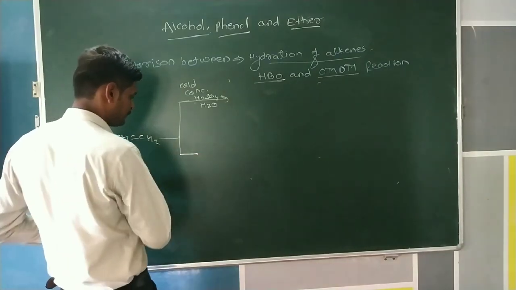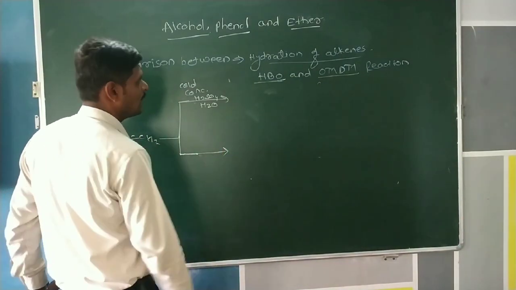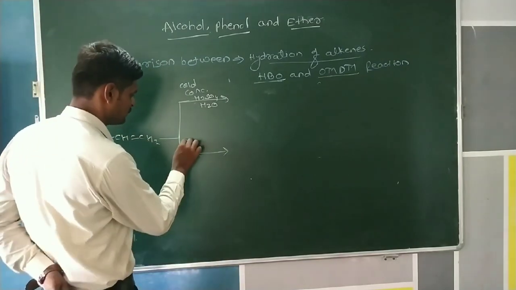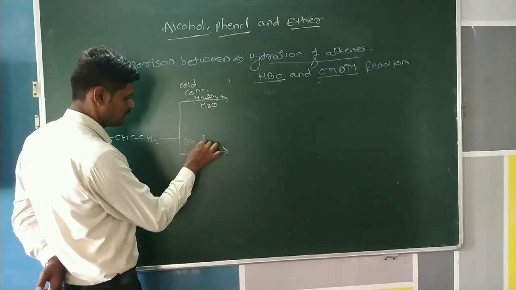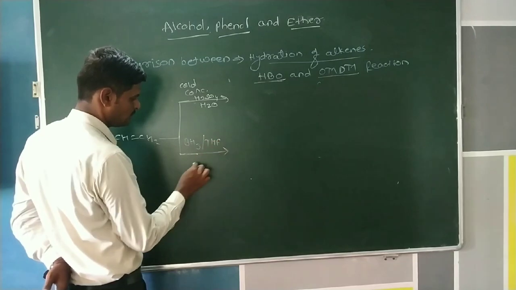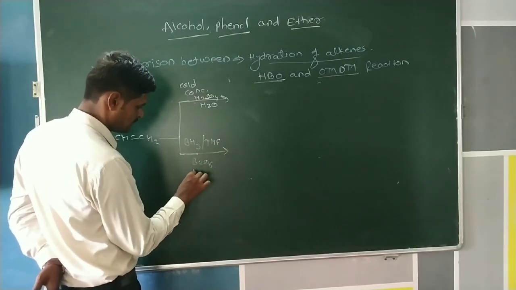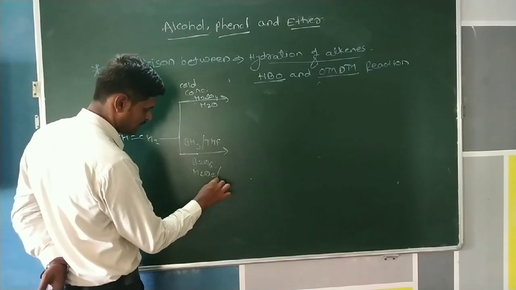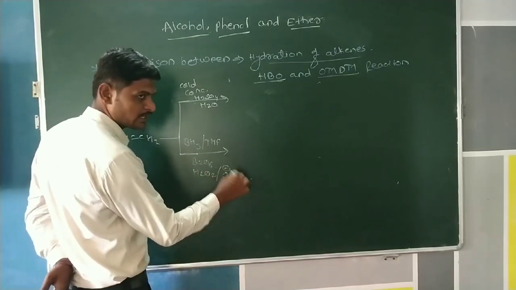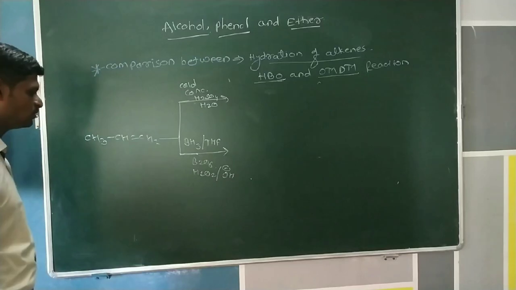Second one is the hydroboration reaction. In this, BH3 in presence of THF or B2H6 is used, as well as peroxide in presence of base, for the preparation of alcohol.